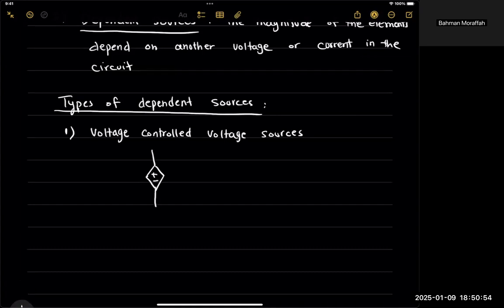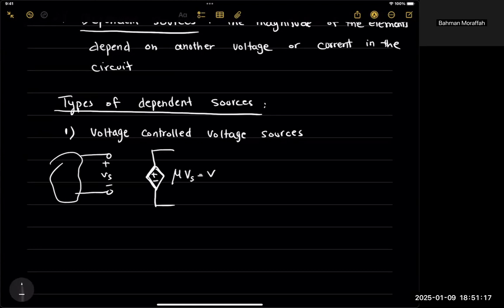The value of this voltage source depends on another voltage in the circuit. So this is our circuit, and let's say, for example, this is V of S. The value of this voltage source over here depends on this V of S, right?